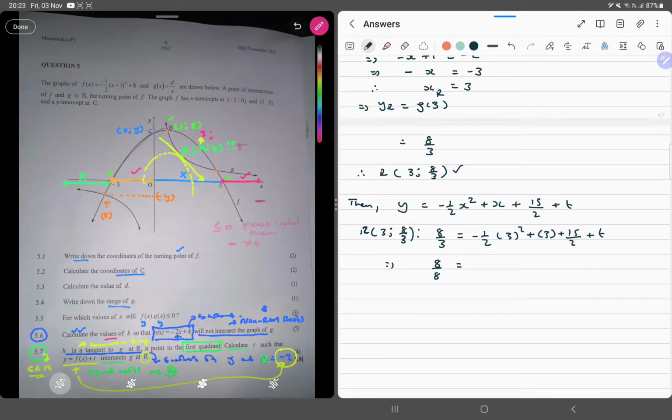So minus 0.5 into 3 squared plus 3 plus 15 over 2. So this gives us 6 plus t. So essentially we can transpose the 6. This implies that t is going to be 8 over 3. Can you see what I wrote here?